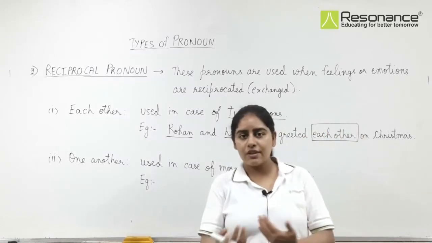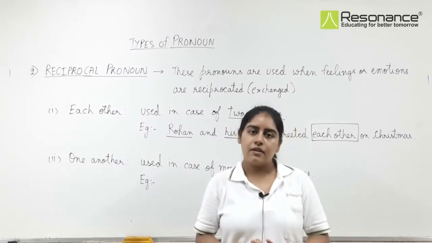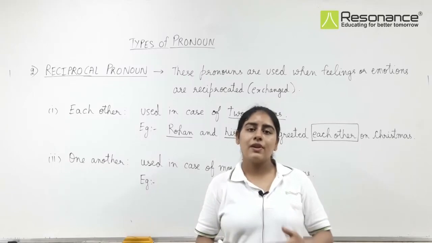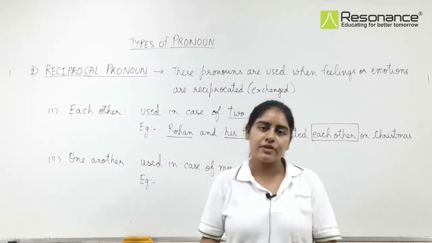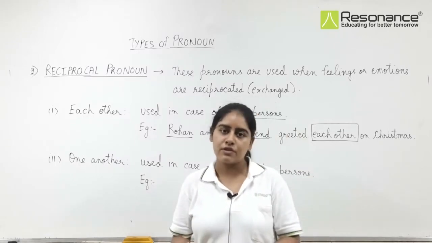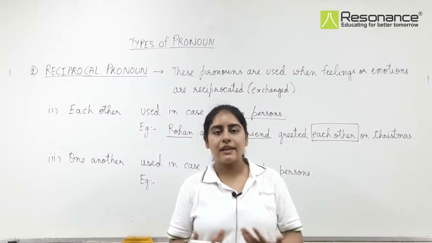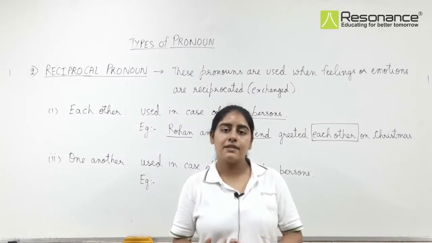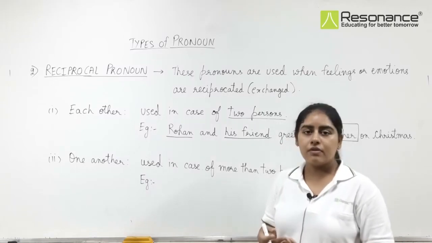We exchange our greetings, we exchange our gifts, right? Whenever you go to a birthday party, you exchange gifts. You bring a present for the person and then that person gives you a return gift or something, right? So this mutual exchange of feelings or emotions when you are greeting someone, you make use of reciprocal pronoun, right?